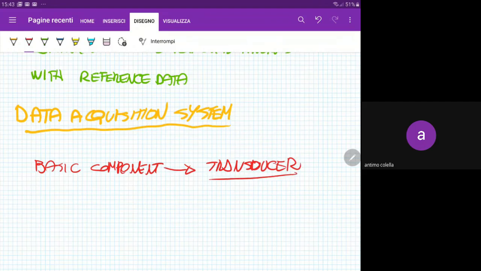Without that, you cannot have any measurement at all.